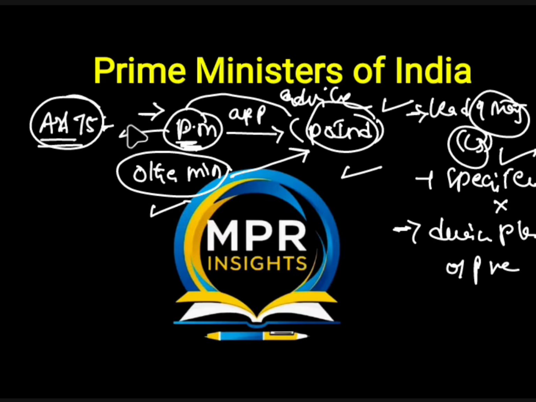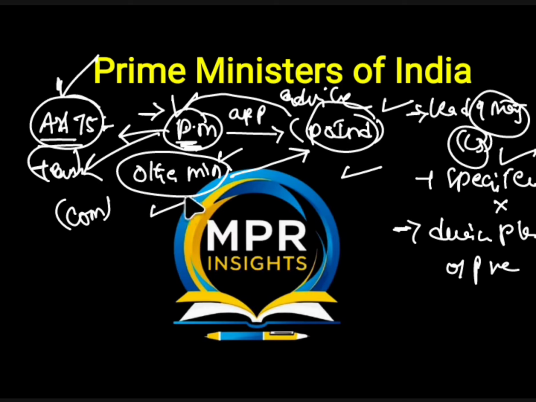So the Prime Minister decides who is going to become a minister in his team. Once the PM resigns, all the Council of Ministers automatically stand removed, meaning they also resign. Basically, they swim together and they sink together. So this is about Article 75.